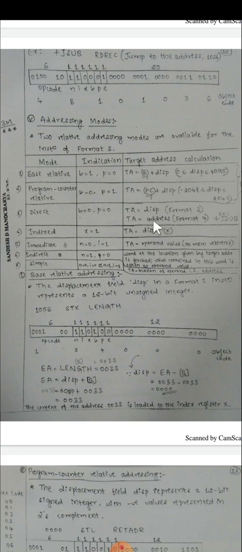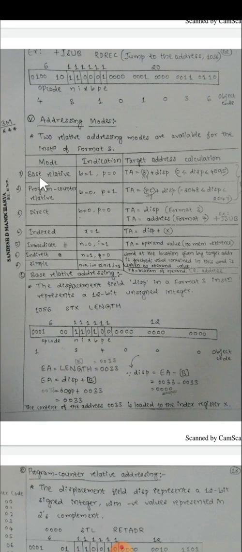Usually format number 4 is used whenever the instruction is prefixed with the plus symbol, and then we can directly take that address as the target address. If the instruction is in format number 3, then we directly take the displacement value as the target address. Because we directly take the displacement or address as the target address, this addressing mode is named direct addressing mode.